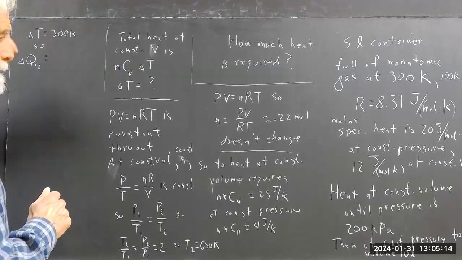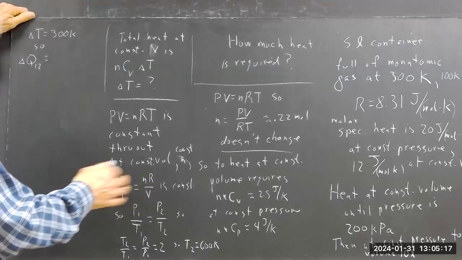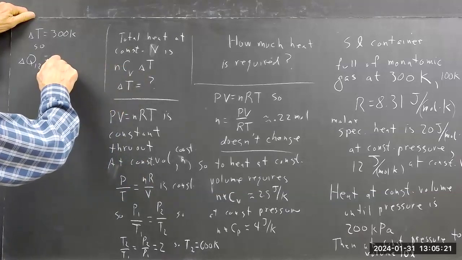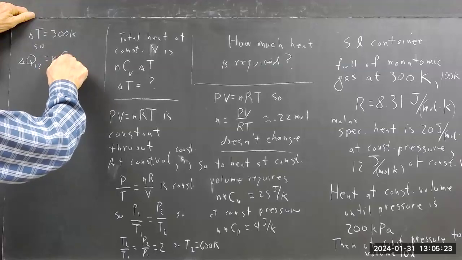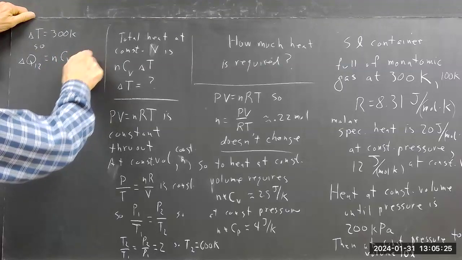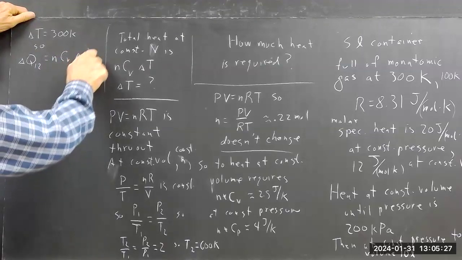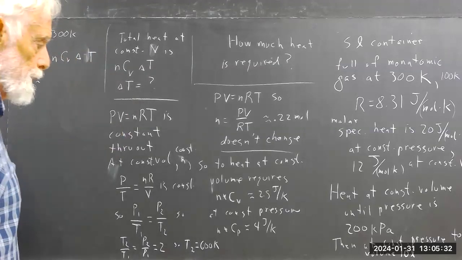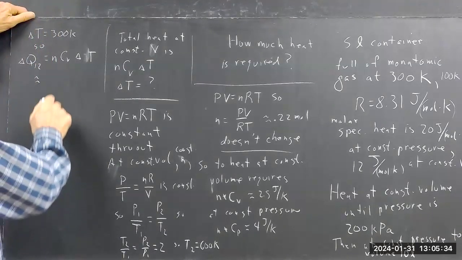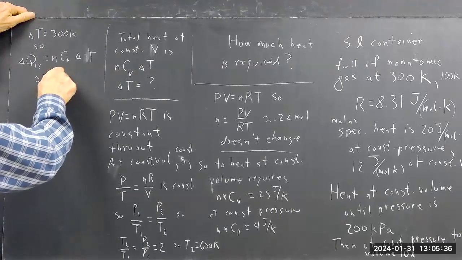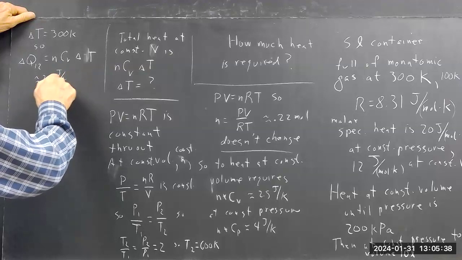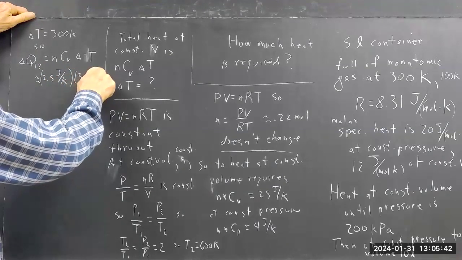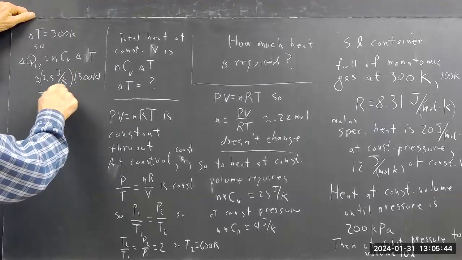And that equals approximately 2.5 joules per Kelvin times 300 Kelvin, which is 750 joules.